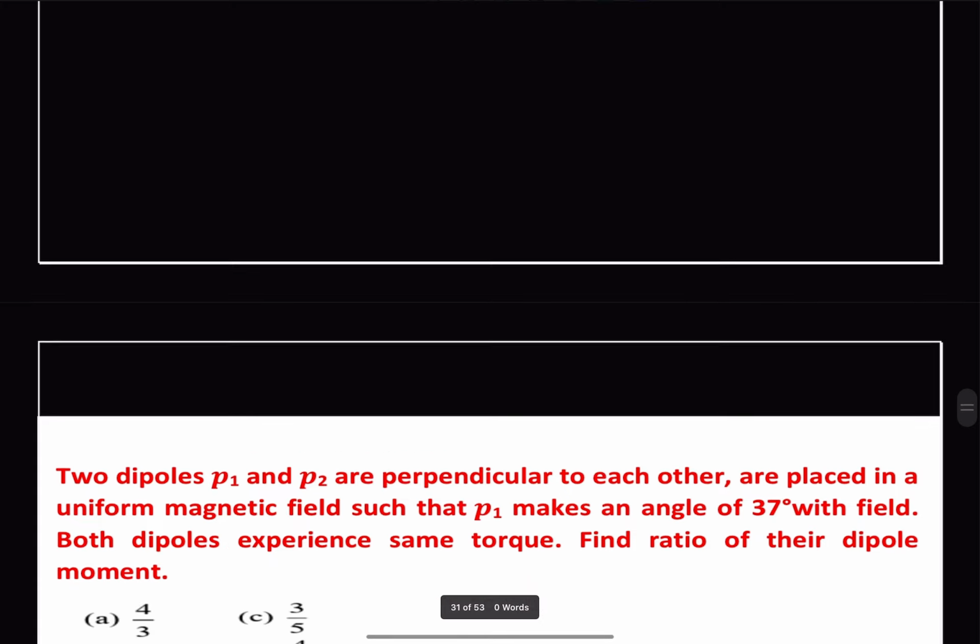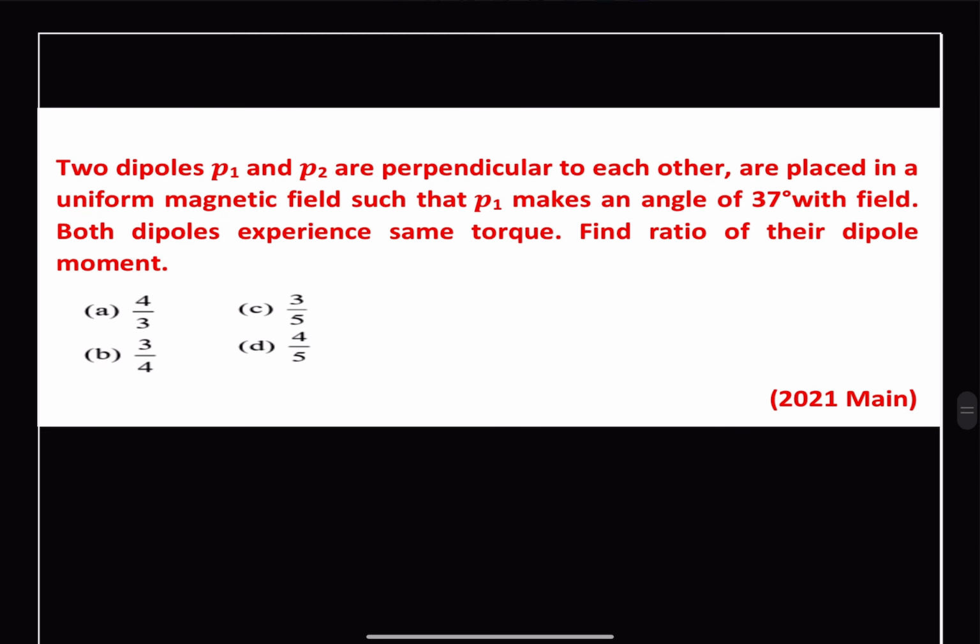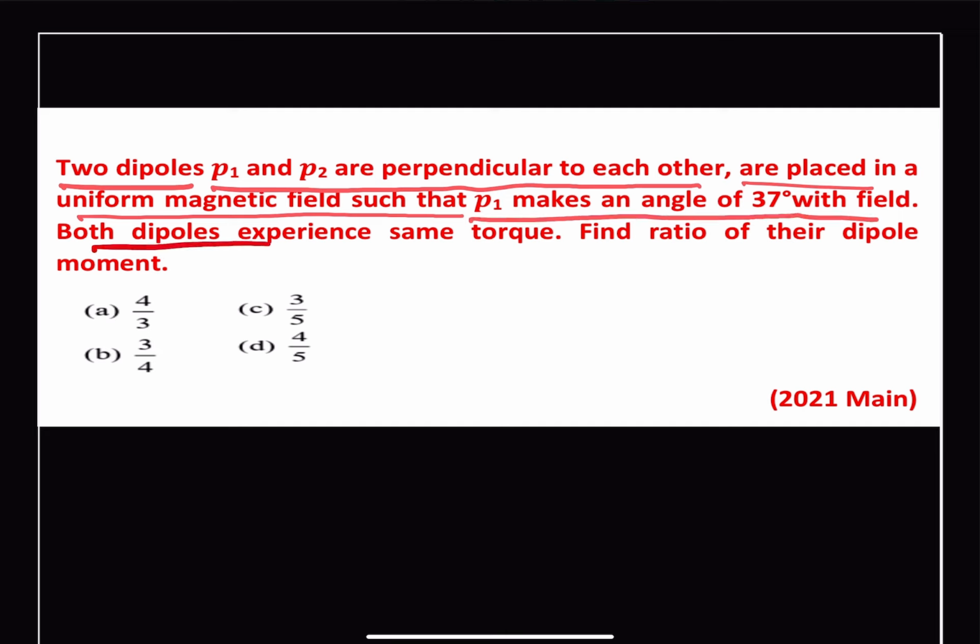We are given two dipoles P1 and P2, perpendicular to each other, placed in a uniform field such that P1 makes 37 degrees with the field. Both dipoles experience the same torque.